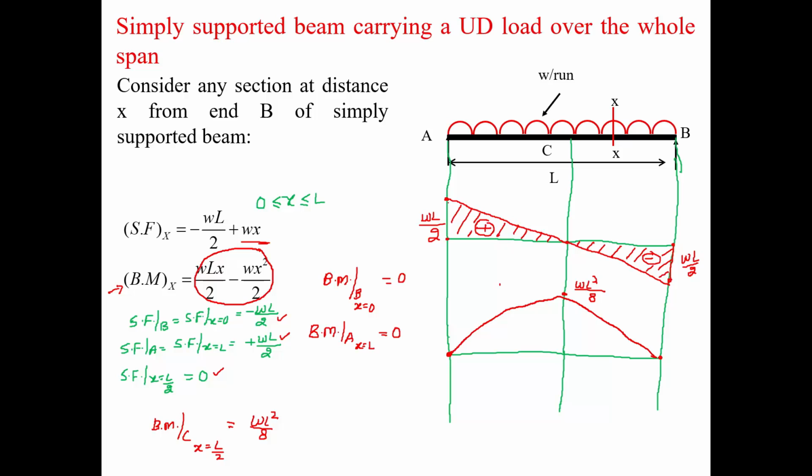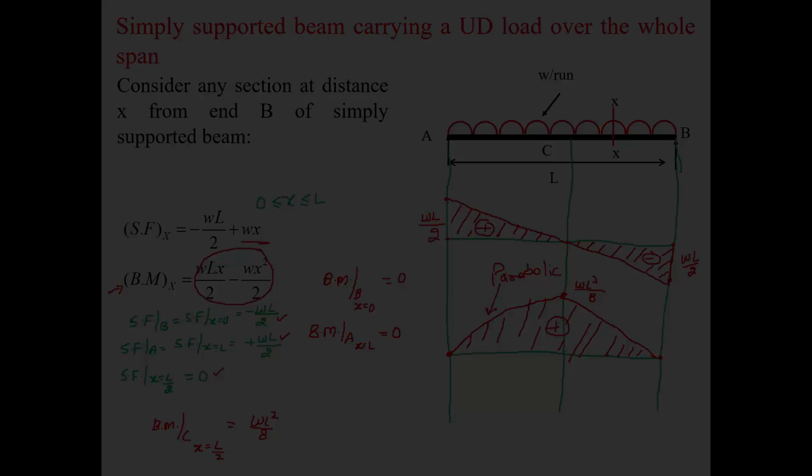Please make sure that you draw a parabolic curve here. So this will be a bending moment diagram, obviously all positive, since through calculations we have obtained the same. So this will be our shear force and bending moment diagram for a uniformly loaded beam, simply supported at both the ends. So thank you very much.